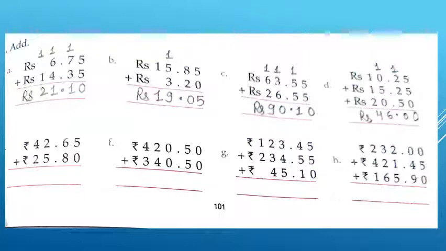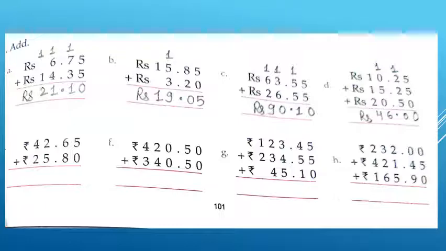Now children, 7 plus 3 is 10. Add 1 carry. So 10 plus 1 is 11. Write 1 there and 1 is carry. Now children, 6 plus 4 is 10 plus 1 11. So write 1 there and 1 is carry.